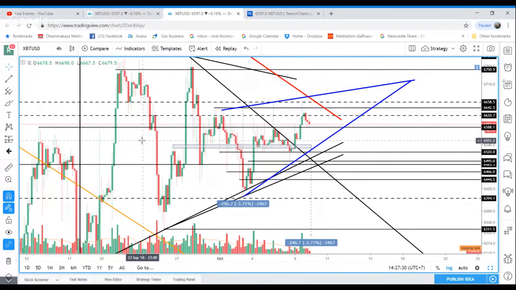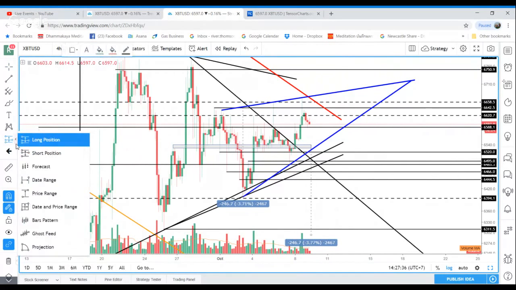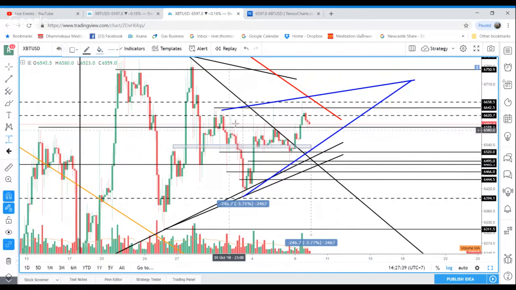It's not a pennant as such. It's a rising wedge. And technically, there are several ways of measuring it. One very simple one is to go from the very beginning of that, take the height like this, which is exactly what I've done, and put it against where the breakout is.